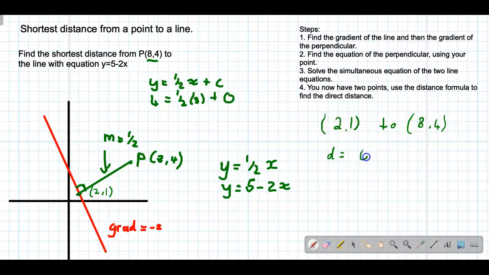That difference is 6. And 1 and 4, and that difference is 3. So I'm going to square those, and then I'm going to take the square root. So this is 36, and this is 9, so it's the square root of 45. And I go to my calculator, and the square root of 45 is 6.71.